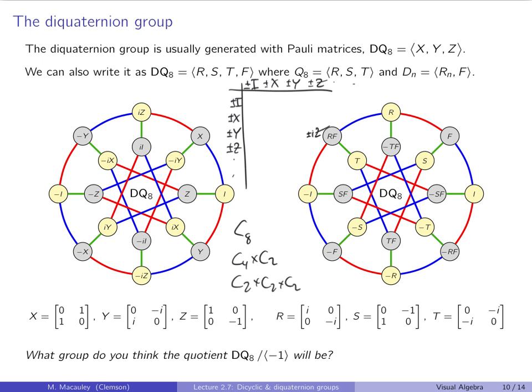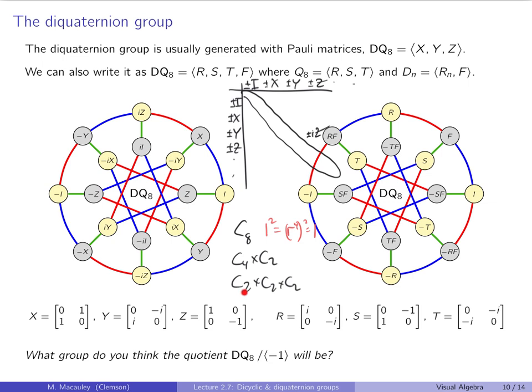And one way to figure out which one this is is to look at the elements on the diagonal and say, how many times does the identity element occur? In C8, there are only 2 elements whose square is the identity. You have 1 squared and r to the 4th squared is the identity.